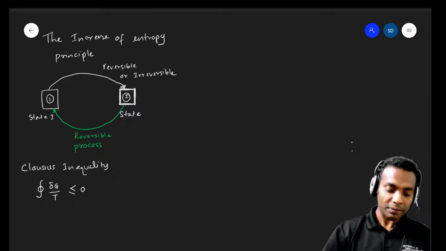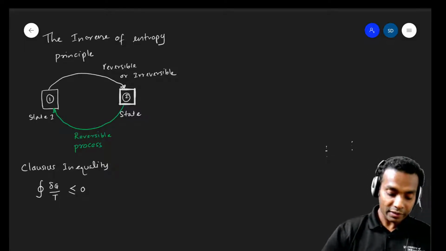Now, in our example, there's a cycle that includes two processes. One is state 1 to 2, which is a reversible or irreversible process, which we don't know. And then we have a reversible process which comes from state 2 to 1.